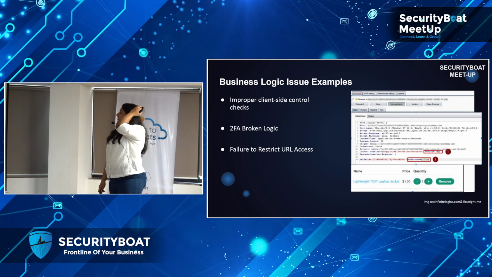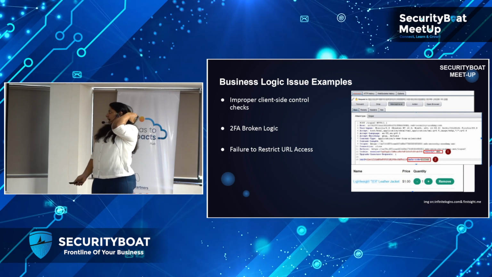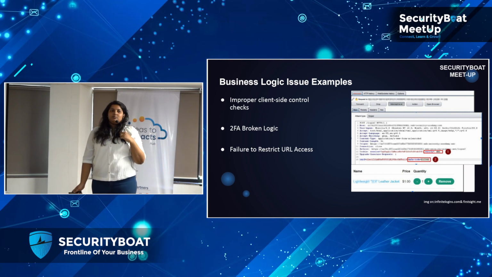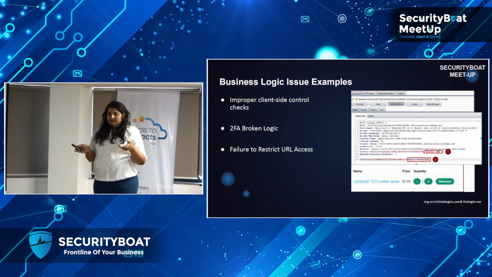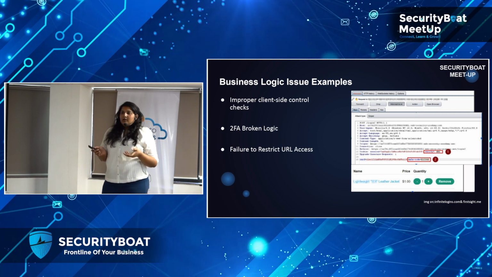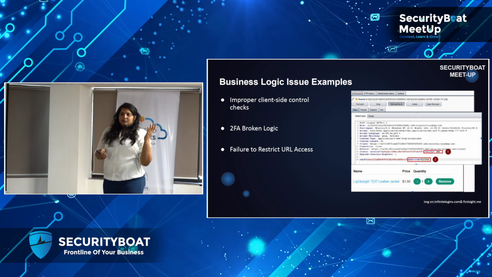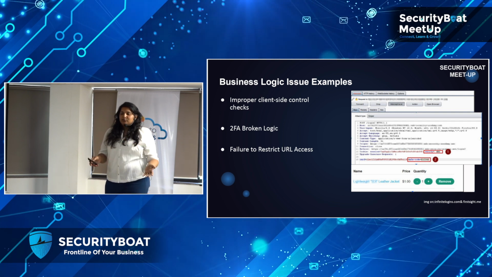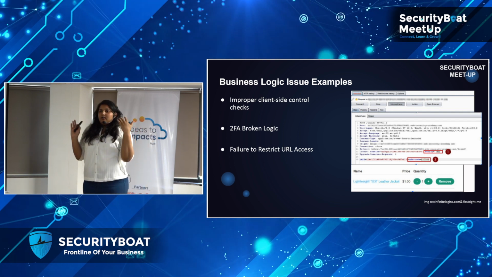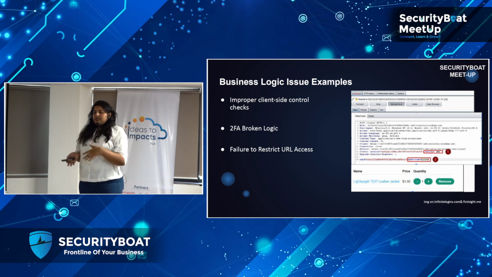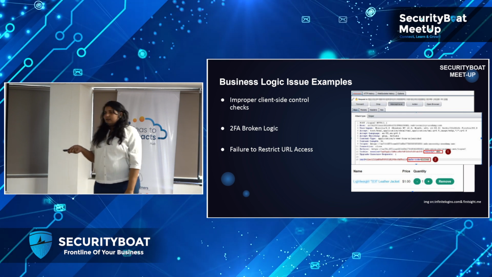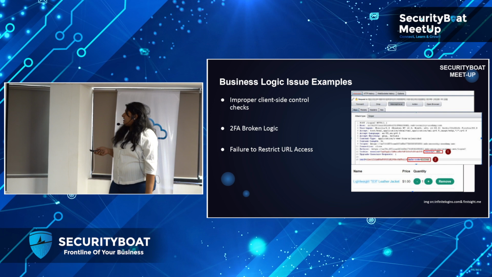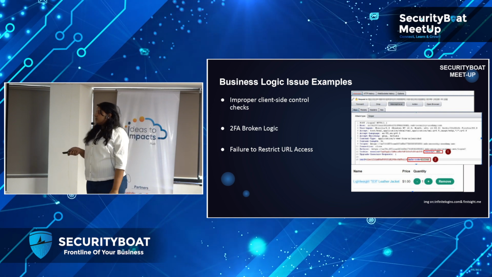Next. In terms of the examples, I have taken very simple ones which you can find, because most probably developers go for the higher-level ones and forget to patch, or forget to set some limitations for the low-level checks, such as improper client-side control checks.